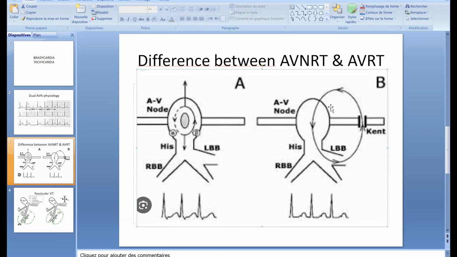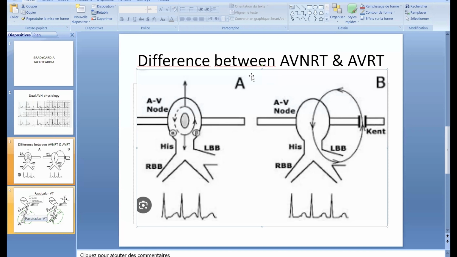So we go down to the slow pathway and ablate it in all kinds of AVNRT, and the success rate is the same in typical and atypical, with some consideration if sometimes we have more than one slow pathway, and during tachycardia it can be conducted by two alternately, or we see modification in the rhythm of tachycardia. So that was the answer to the second question.